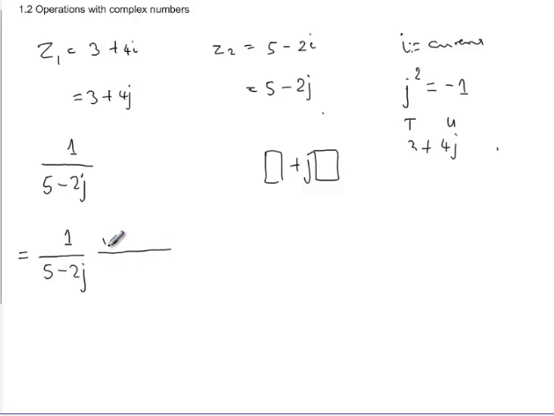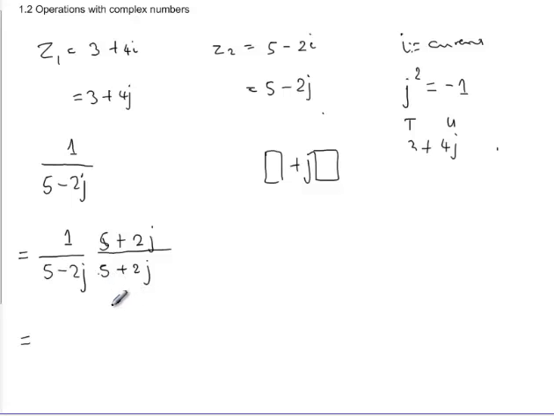Right. So 1 in terms of the conjugate will be 5 plus 2j. All together. So remember that situation, in this complex number situation, in that rational denominator situation, the conjugates just differ by the sign in between the two composing parts. So 5 plus 2j.